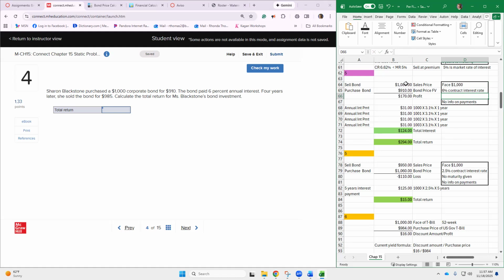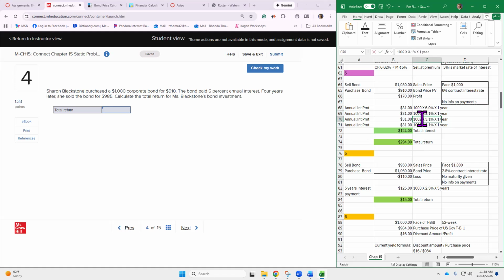What you need to do then is to calculate how much the interest will be every year. The interest that's paid is dictated by the contract rate. So it's going to be 1,000 times 6% every year, and she held on to that bond for 4 years, right?